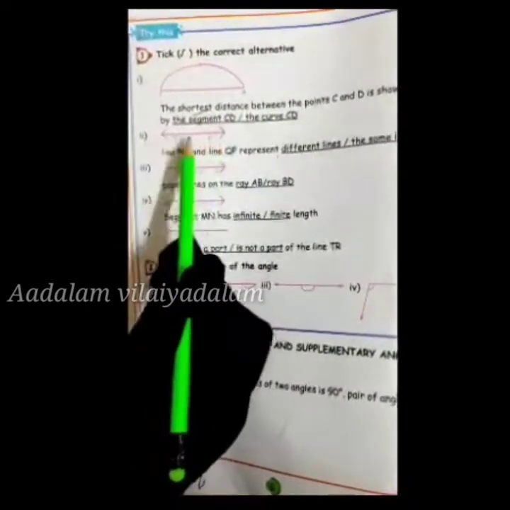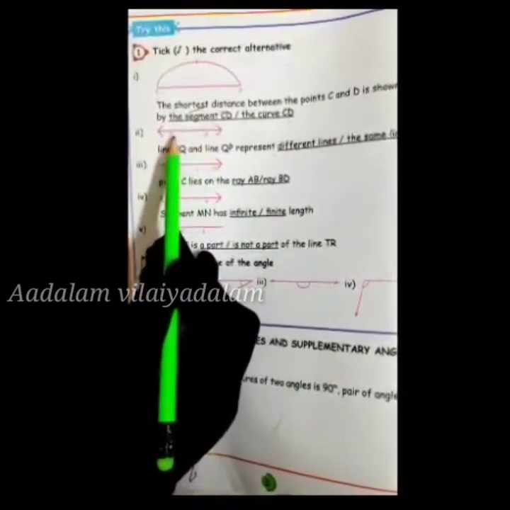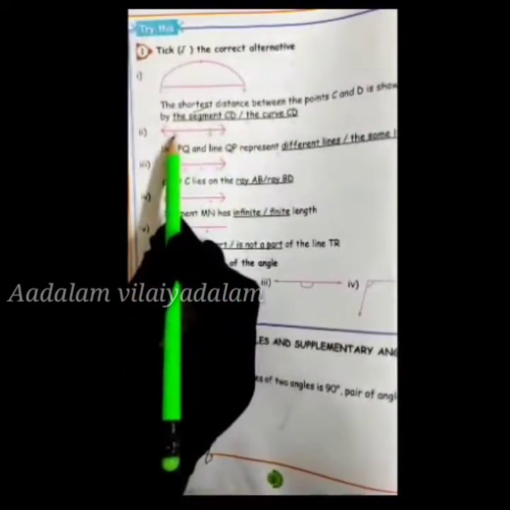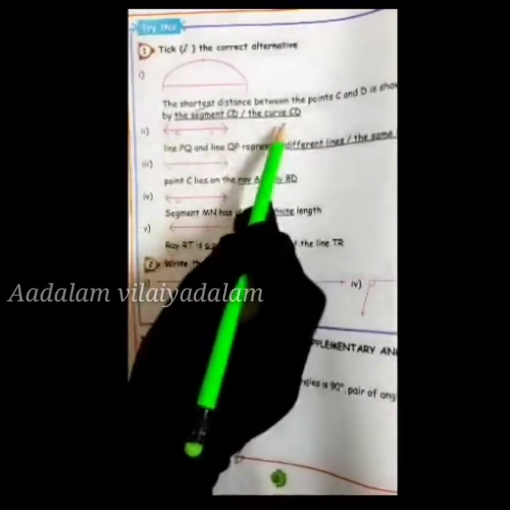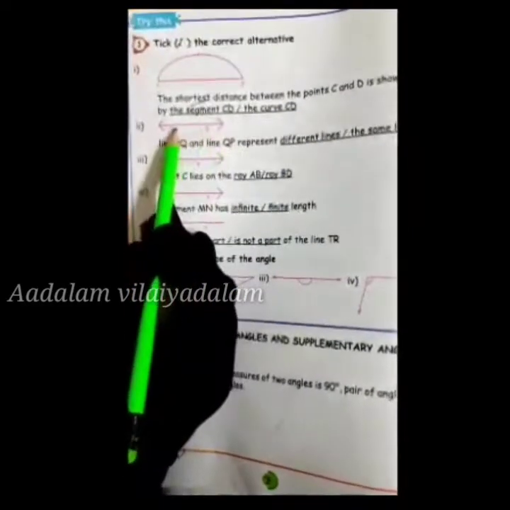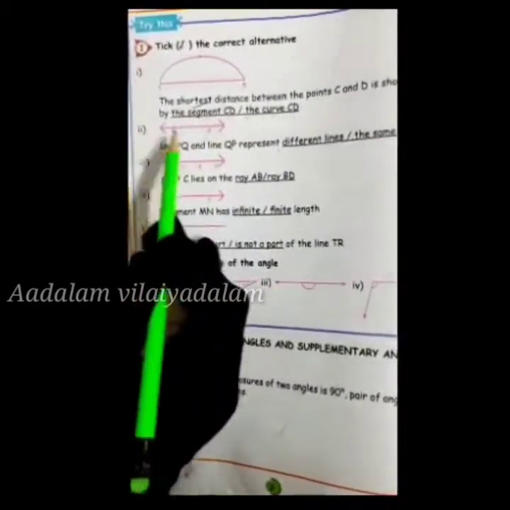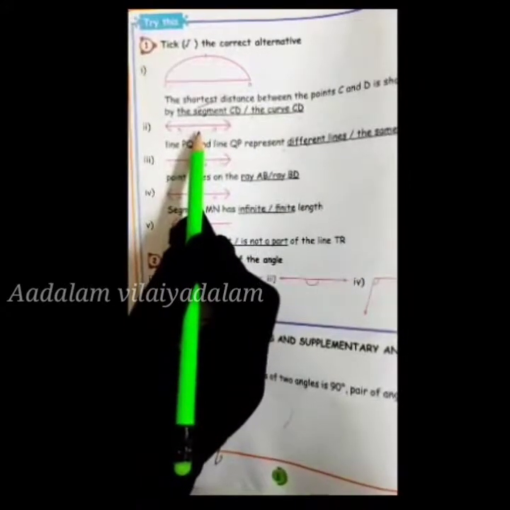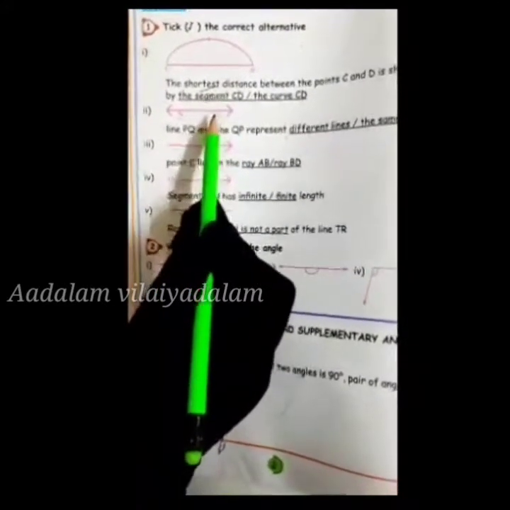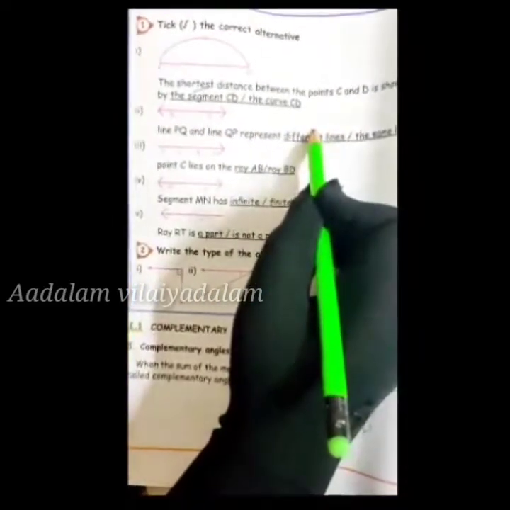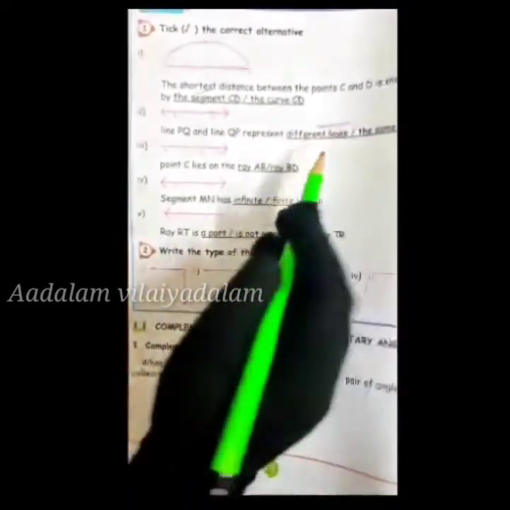So both are different lines. See children, this is PQ in this direction and QP in another direction. So they extend in opposite directions. So what will the answer be? The answer is different lines.